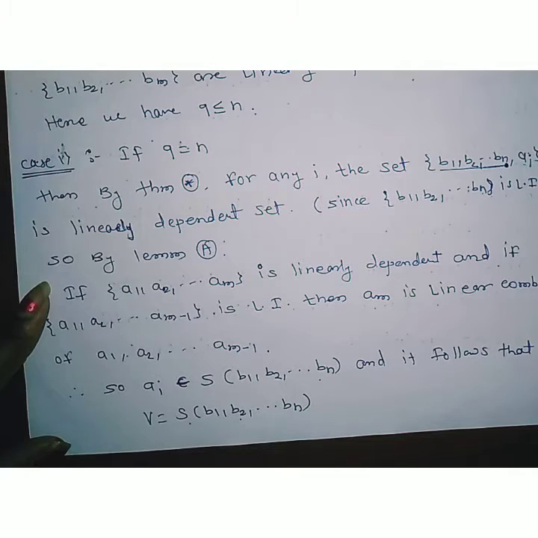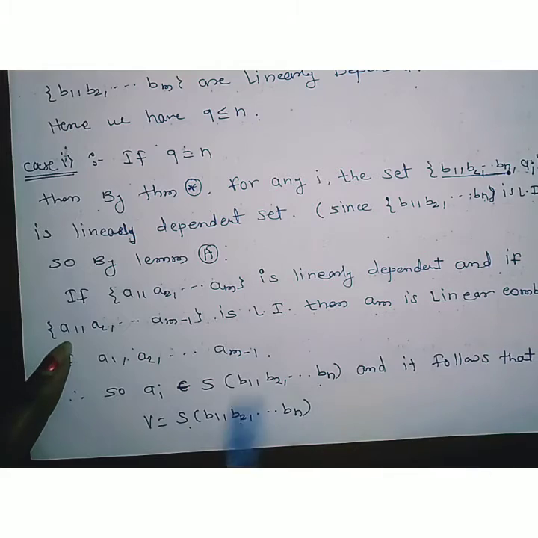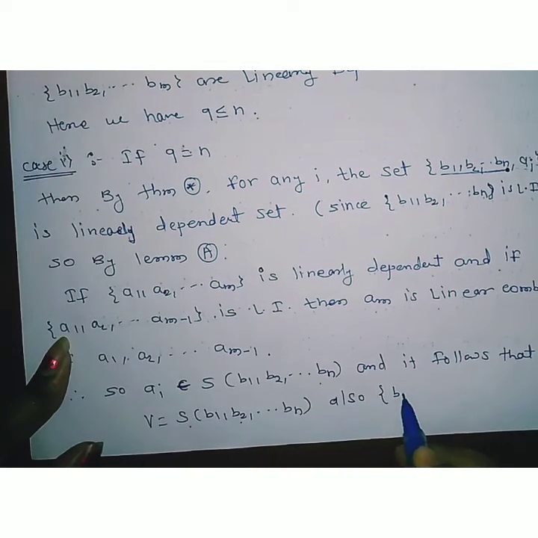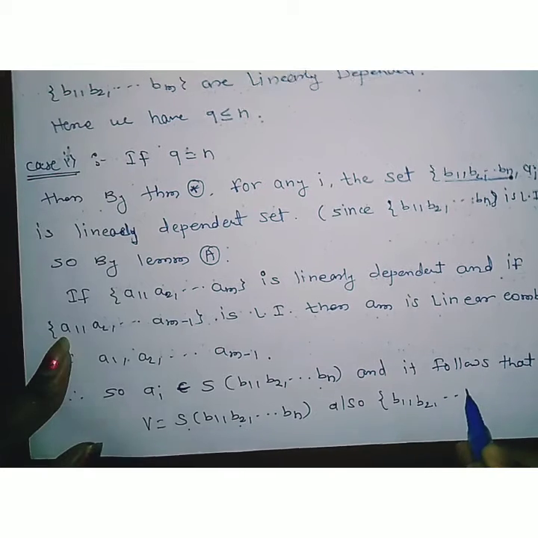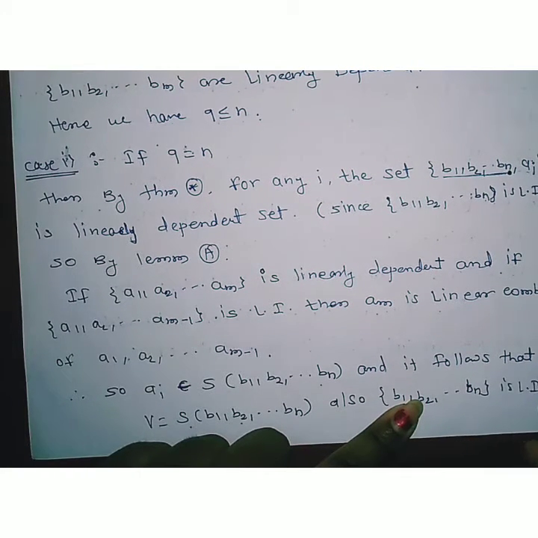So V is equal to the span of b1, b2, bn, and we also know that the set b1, b2, bn is linearly independent.